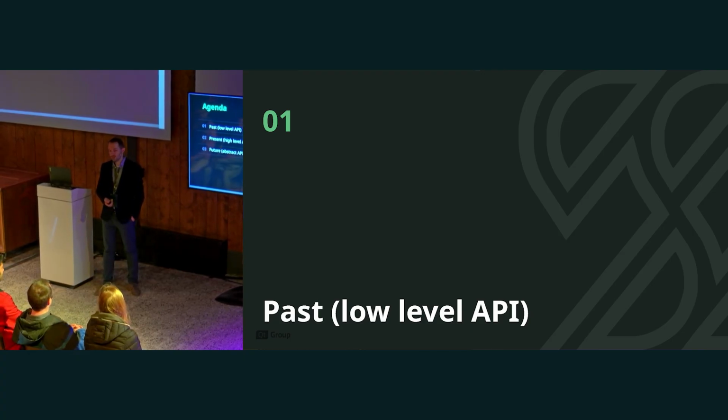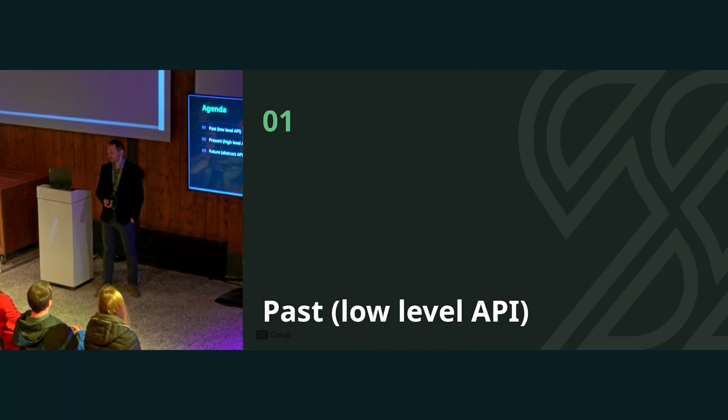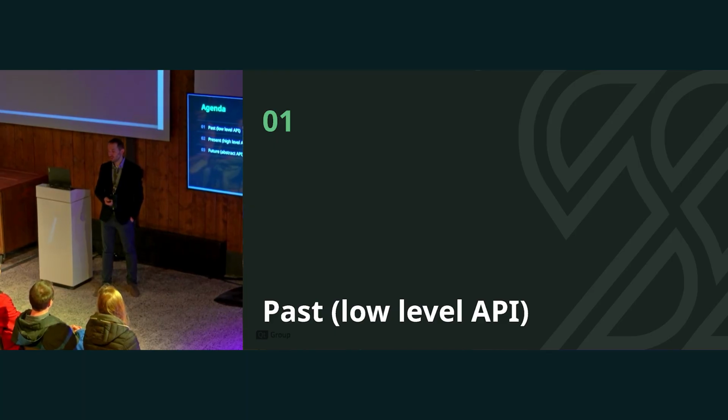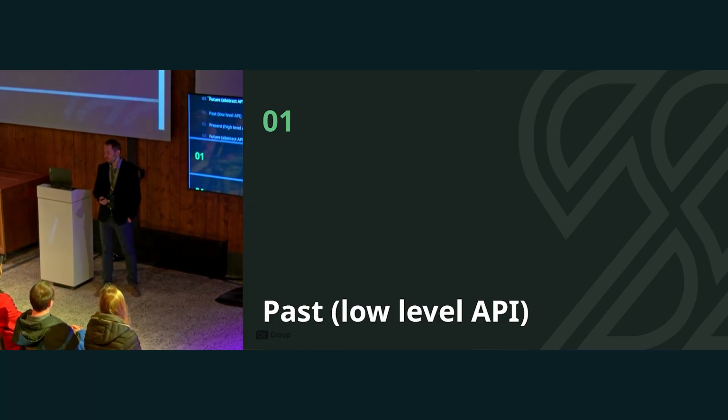And in the last section, which I suppose will be the most interesting for experienced Qt developers, I will talk about something that I consider could be the future of how we do complex multi-threading in Qt framework, and this is an abstract and also declarative API.